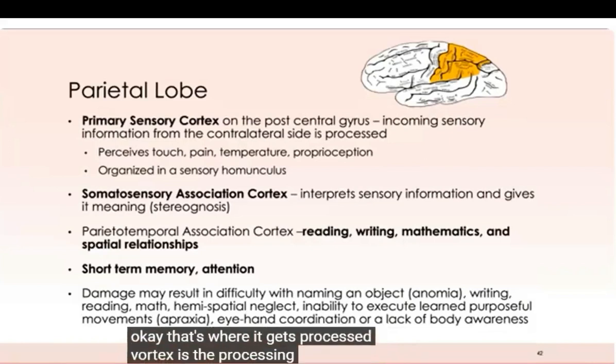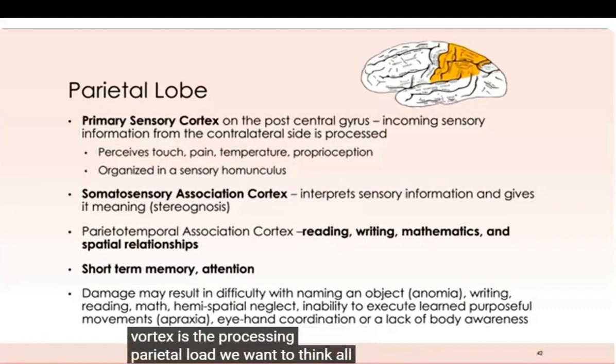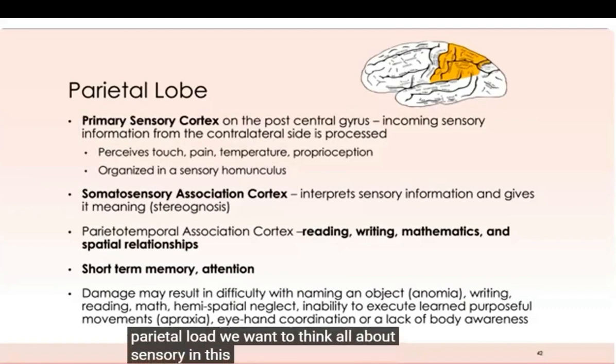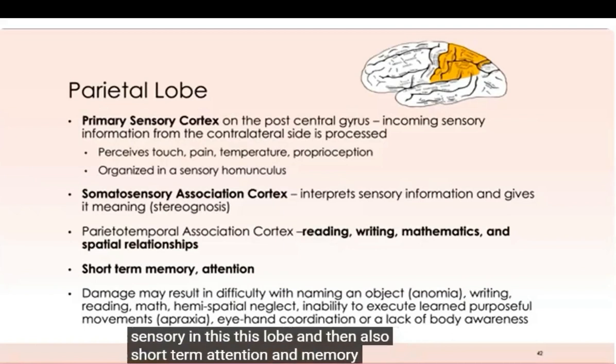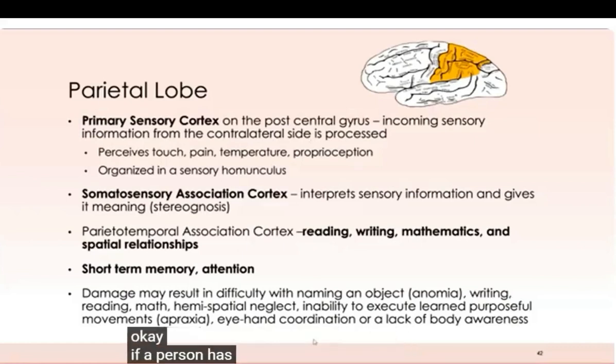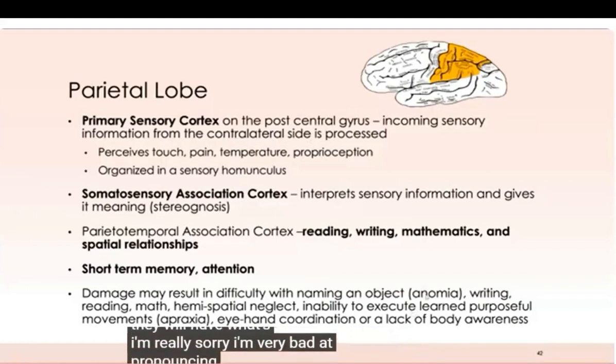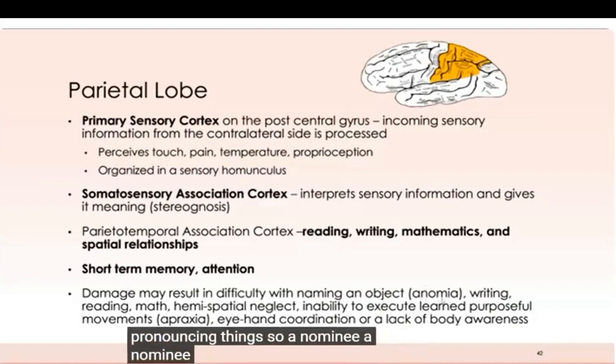Cortex is the processing. Parietal lobe, we want to think all about sensory in this lobe, and then also short-term attention and memory. Although we have that in pretty much all of our lobes, you want to really link that there. If a person has damage here, they will have anomia.